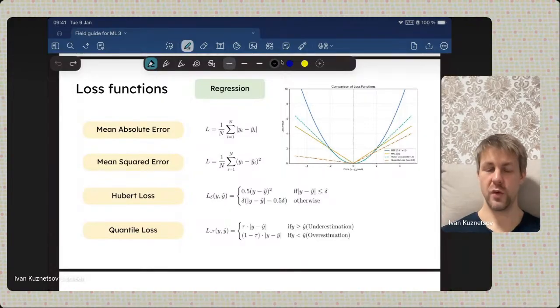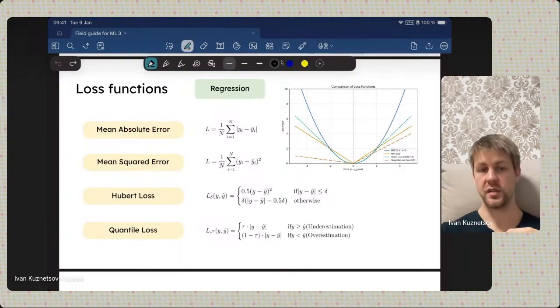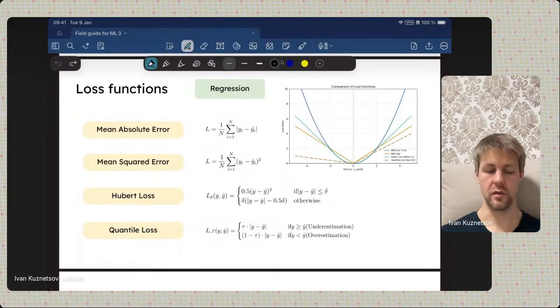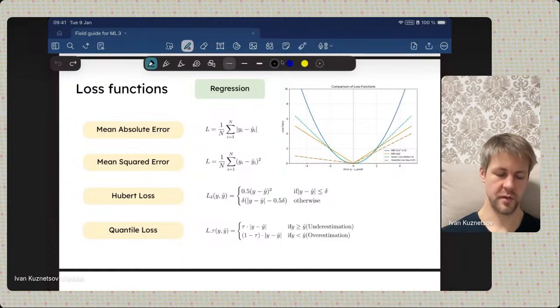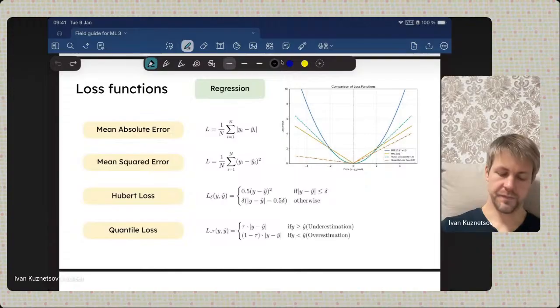So we will be discussing today those loss functions, and all of them will be differentiable so that you can find those derivatives and update weights, making steps in the direction opposite of the gradient so that your loss decreases until you find something close to local optima or global optima. Okay, so we will start with mean absolute error.